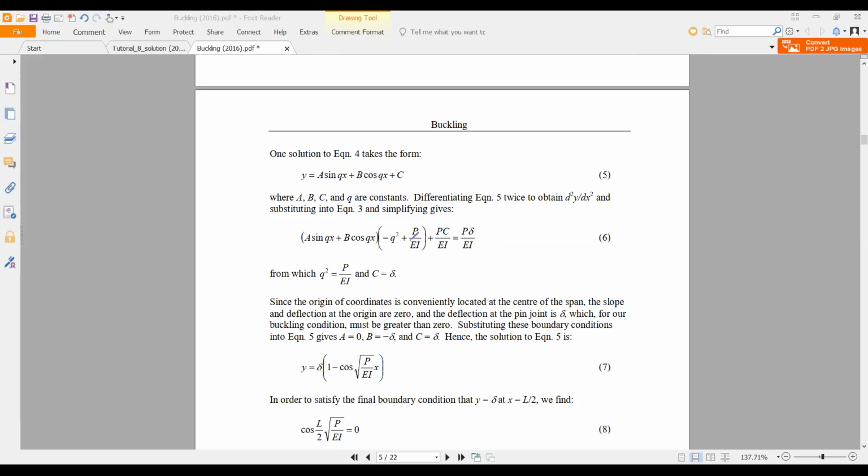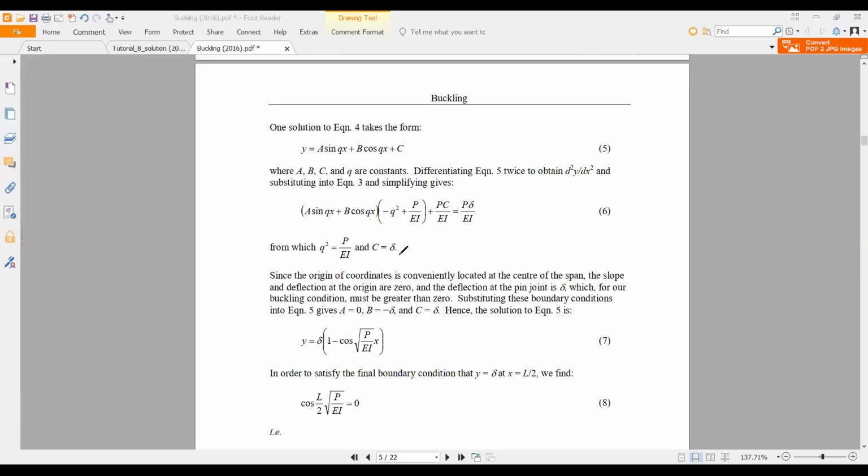Then you can get the q value with the known p and EI values. So now you know the q value and c. Then if q squared equals this value, this part goes to 0. If the left hand side and right hand side are equal, c also should be equal to delta. Now we know the c and q values.